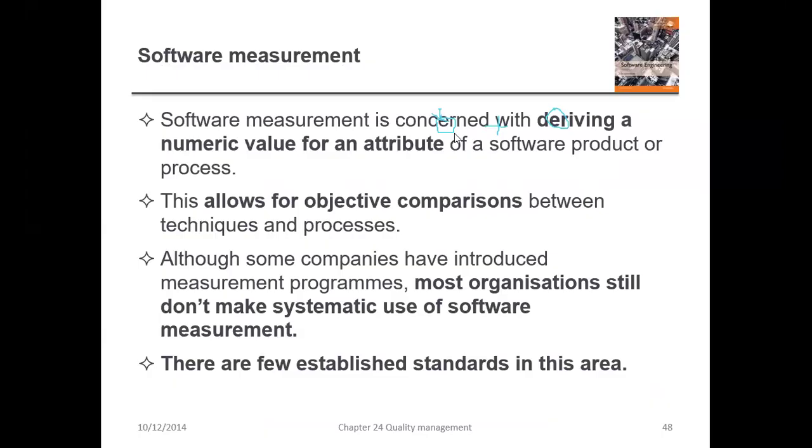Let me explain something here. When we talk about quality, we're looking at two things. As I explained earlier, we're looking at the product and we also look at the process. We know that the product is developed using the process. And I explained that if you want quality products, then the process should be a quality one.